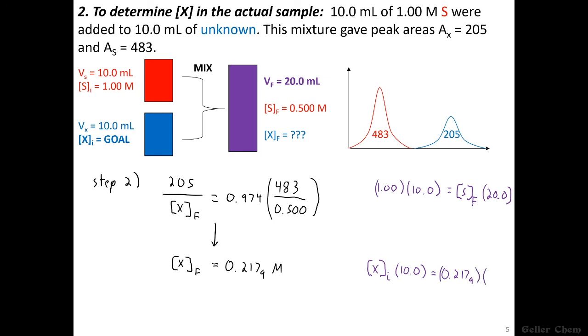And the final volume of that mixture that was run through the chromatography column was 20.0 milliliters. Then we just do the math and solve for initial concentration of the analyte, which is equal to 0.436 molar. And there you have it.